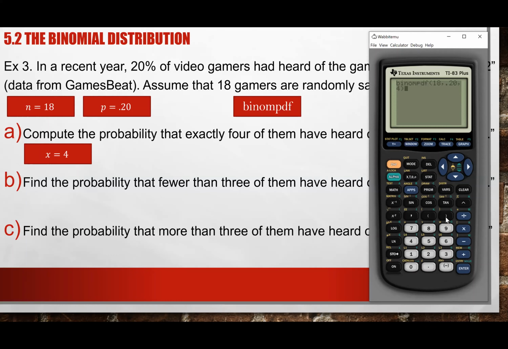So again, you have the N, which is the total, the P, which is the probability, and the X, which is the number of successful trials. Once you do that, you just press enter, and your answer should be 0.215328, or if we're looking for 4 decimal places, 0.2153.